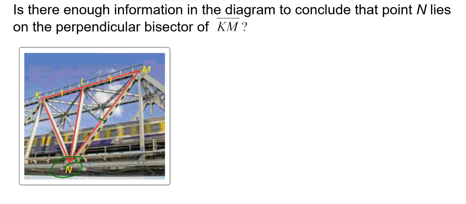If we knew that they were equal, then we could say that N lies on that. So there's not enough information to conclude that it lies on that perpendicular bisector.